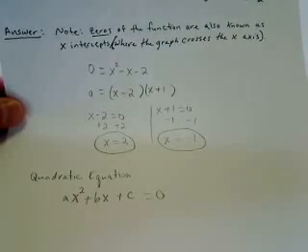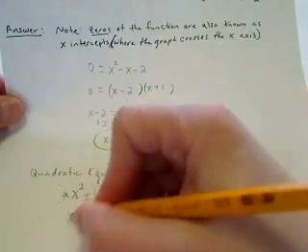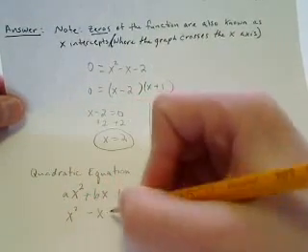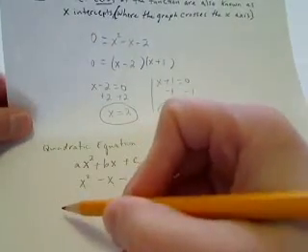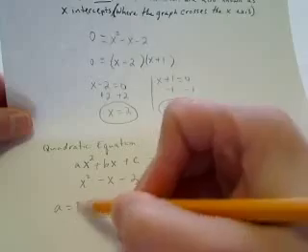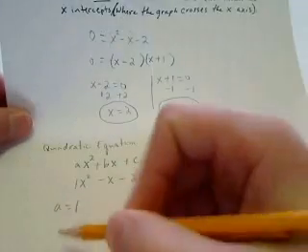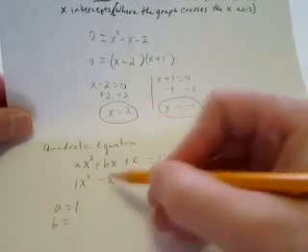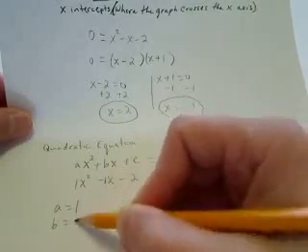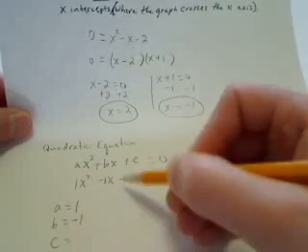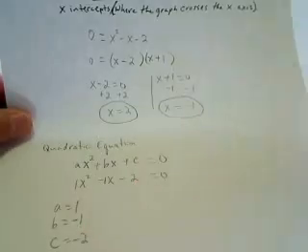In our case, a is equal to 1, because it's the coefficient in front of the x squared term. b is negative 1, because that's the coefficient in front of the x term. And c in our example is negative 2, because that's all by itself.